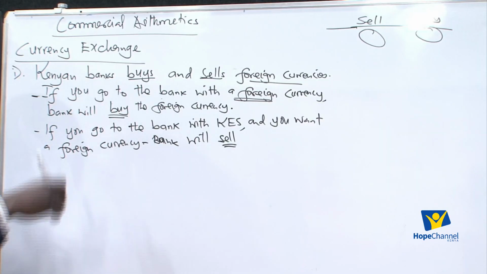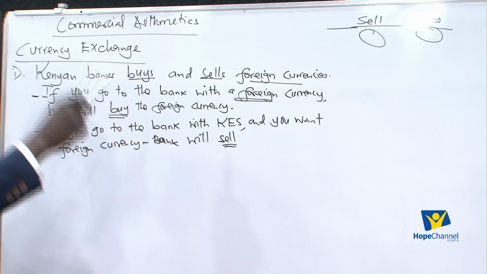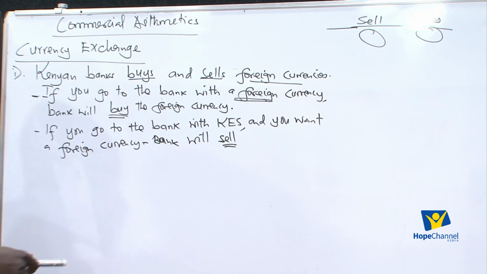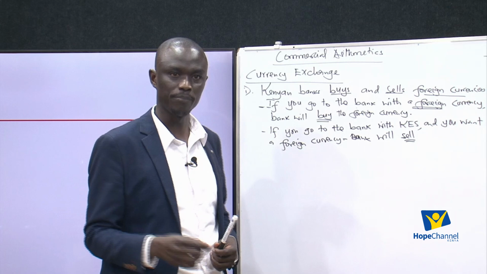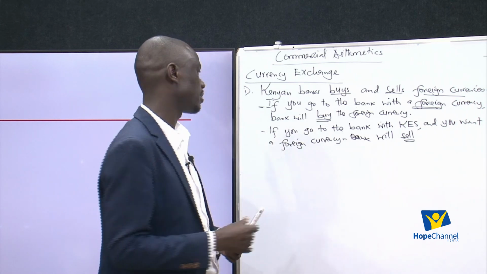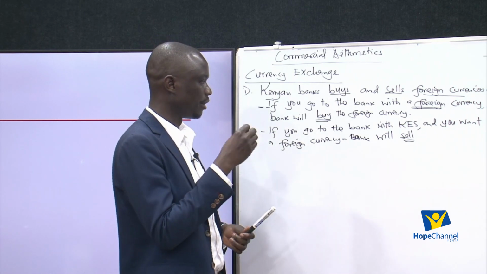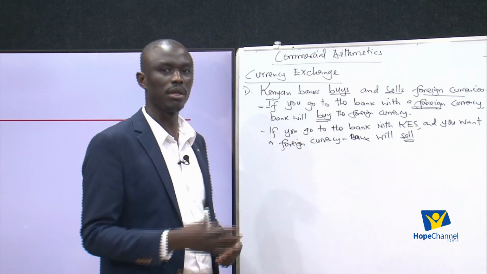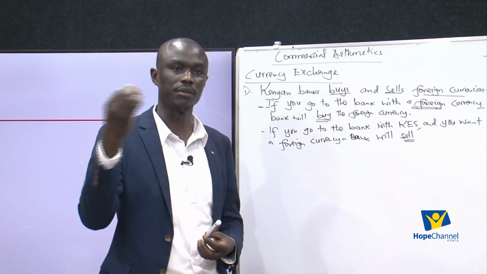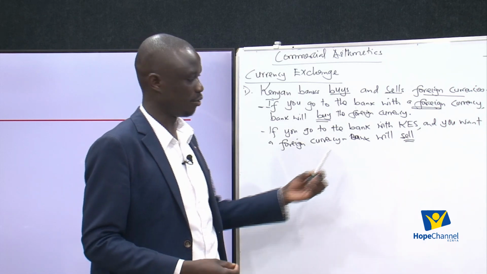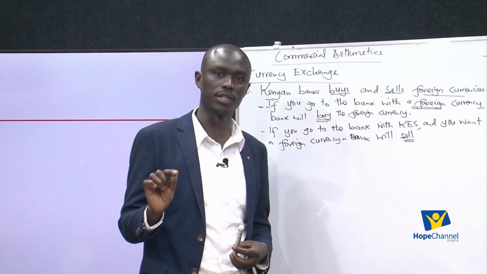We say, if you go to the bank with a foreign currency, the bank will buy. So if anybody lands at the Kenyan bank and that person has a foreign currency, it means that the bank will buy from that person. And if you want a foreign currency, maybe you go to the bank and you have the shillings, the bank will sell that foreign currency to you.